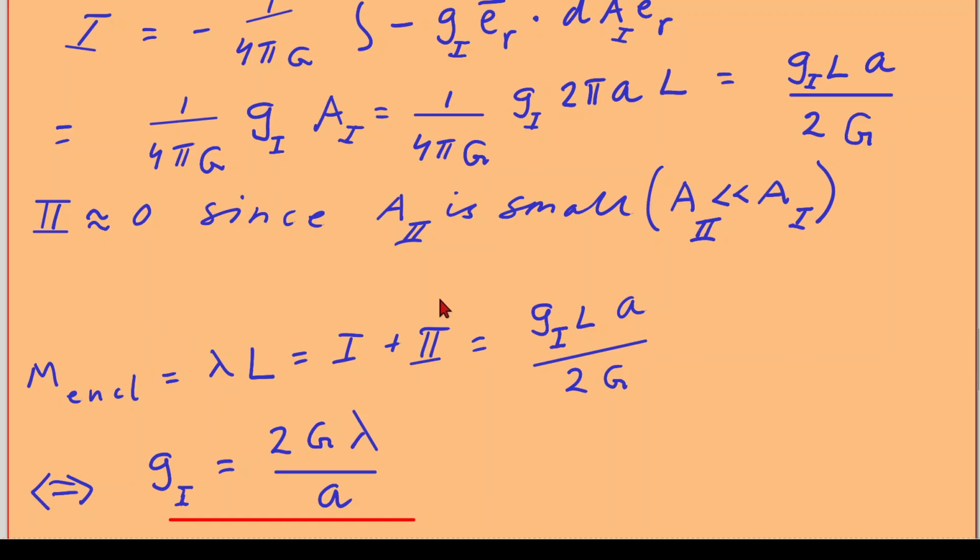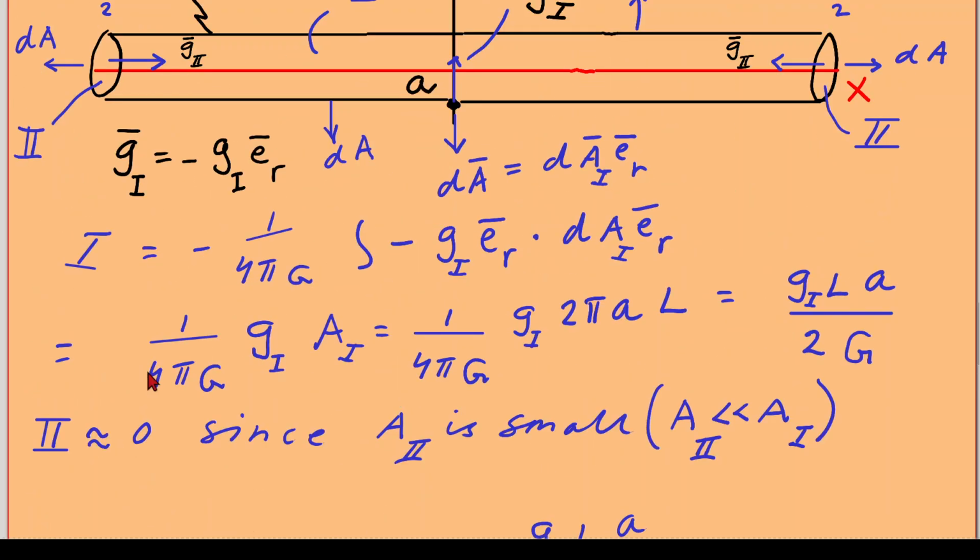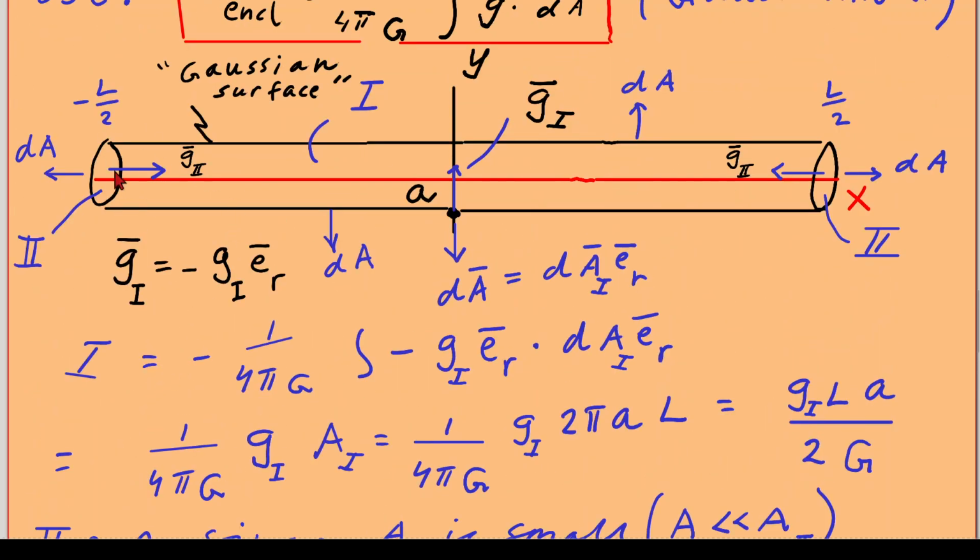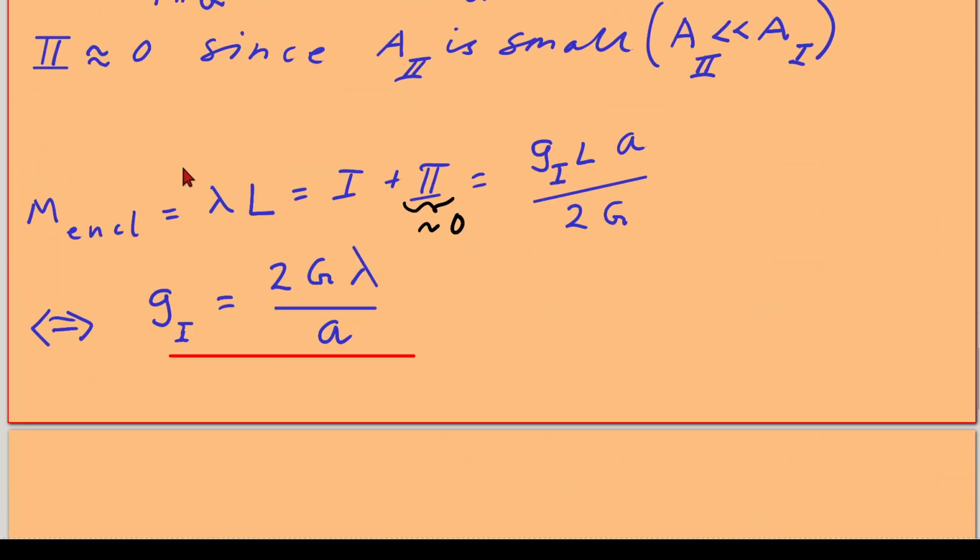And that 2 here is about 0. And the enclosed mass is just the rod. That can be written as λ times the length of the rod, which is L. So that's what you have here. And now you can simplify, g equals this.